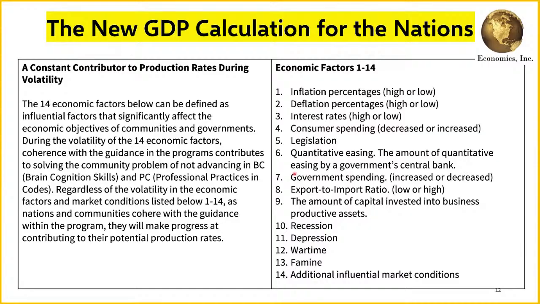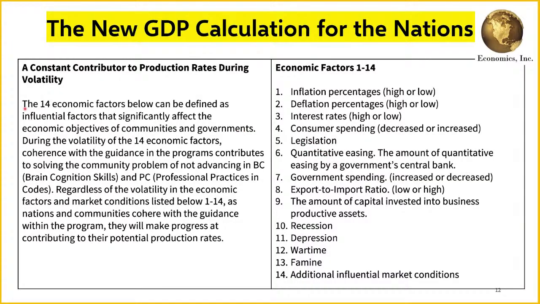That's the amount of government fiat currency produced by a central bank of a government. Government spending, roads and infrastructure, staff. Export to import ratio. The amount of capital invested into a business productive asset. Recession, depression, wartime, famine, and additional market conditions.